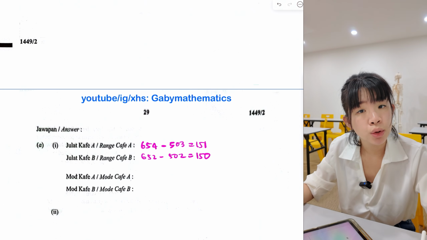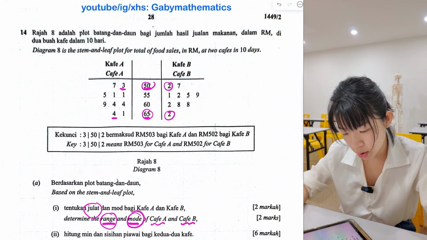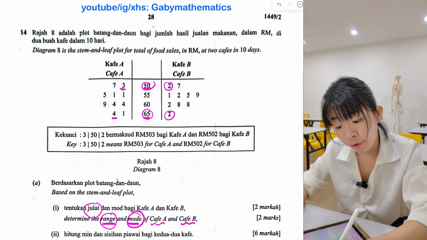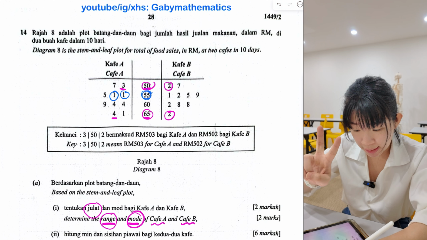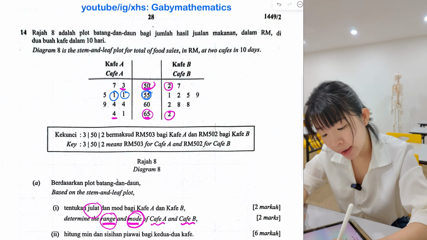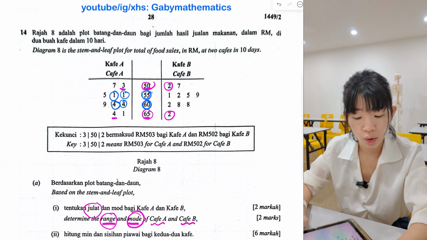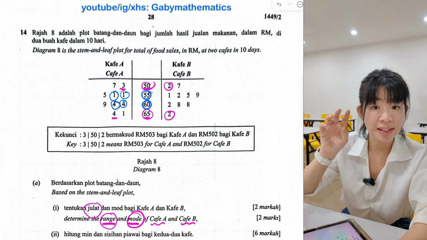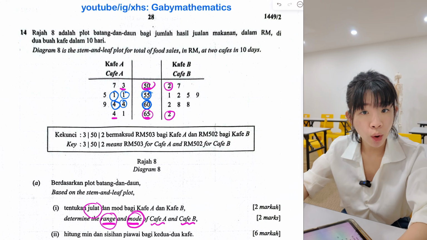Okay, next, mode. Mode for cafe A, which data do you see the most? So we have 551 twice. We have 604 also. So these two numbers appear the same number of times, meaning cafe A has two modes. So it can be more than one mode, guys.